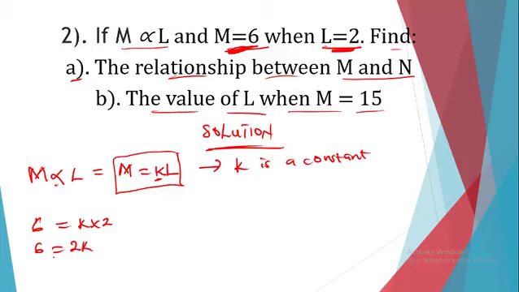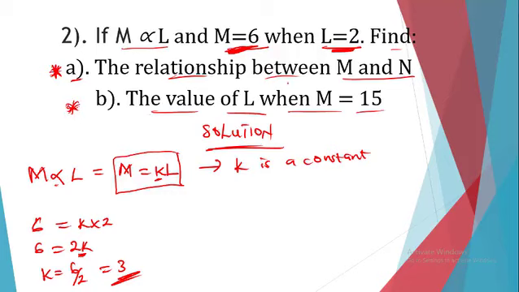If 6 is equal to 2K, then K will be equal to 6 over 2, which is equal to 3. That's the value of K. Now since we've found the value of K, the next thing we will do is to begin to solve the questions on the problems we have here on the screen.